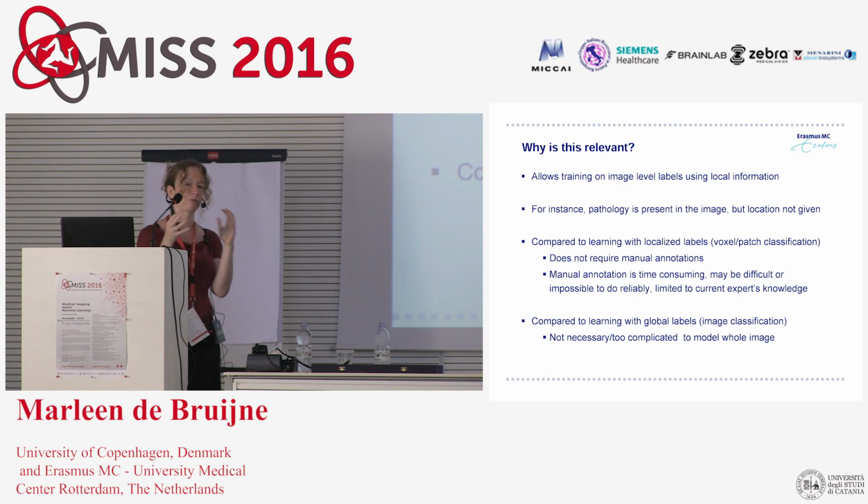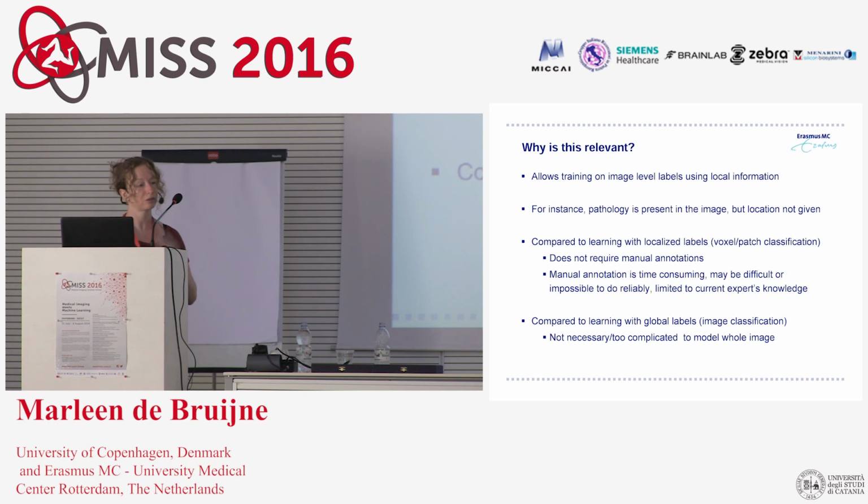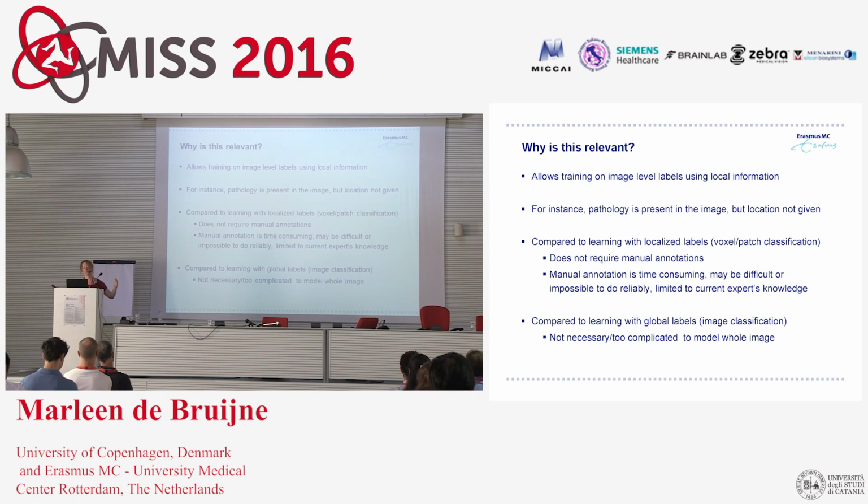A lung patch looks fairly similar whether you extract it from the top or the bottom of the lungs. It's not exactly the same, but interrelations are not that important. And then it can be too complicated to model the entire image as a whole, so it may be more beneficial to model regions.